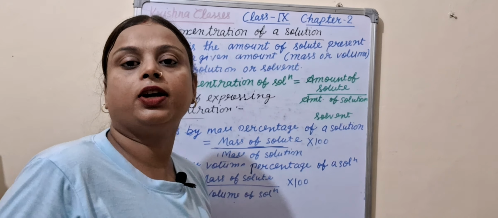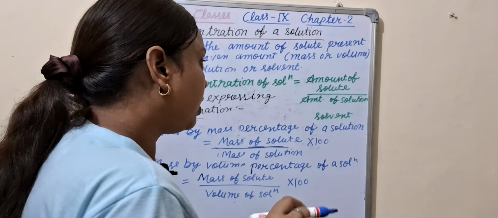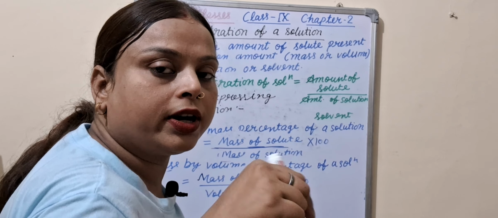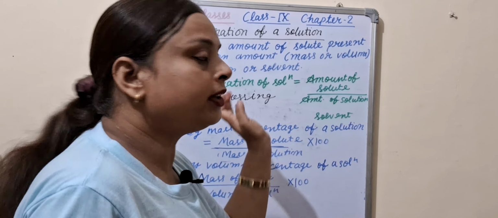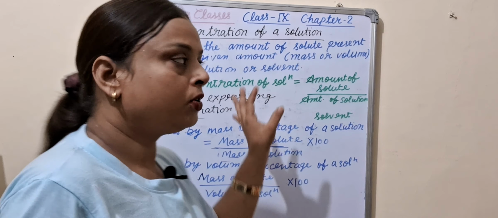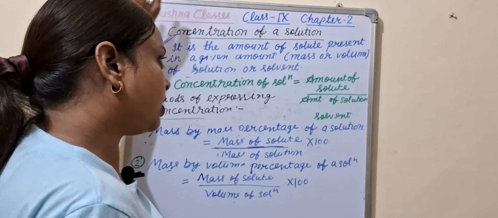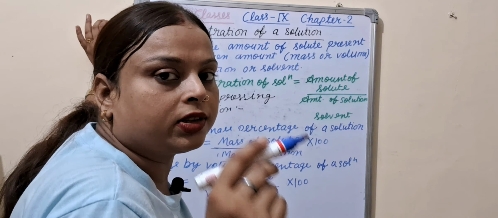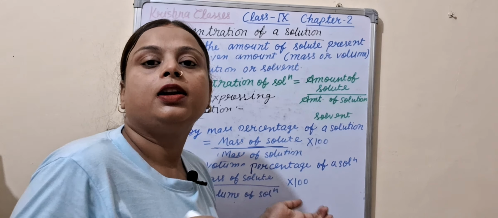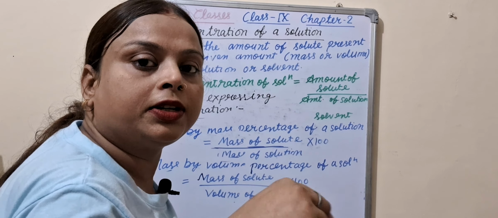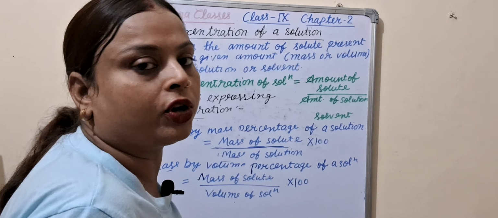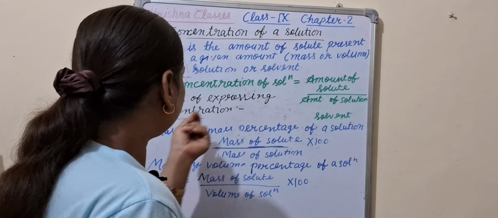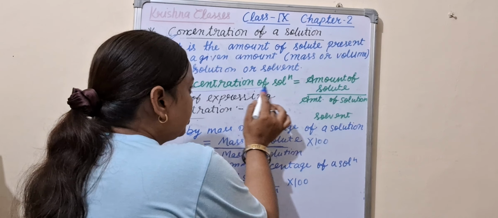If you dissolve 2-3 spoons of sugar in water, then a concentrated solution is formed. A saturated solution is one where the limit of dissolving the solute in the solvent is over.